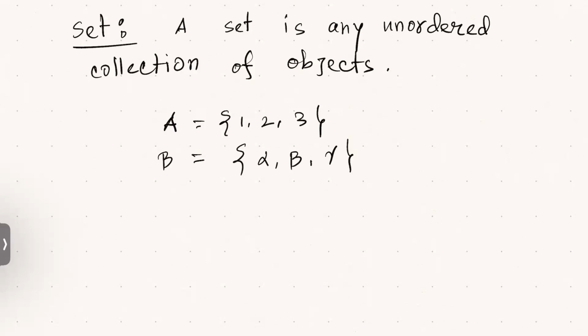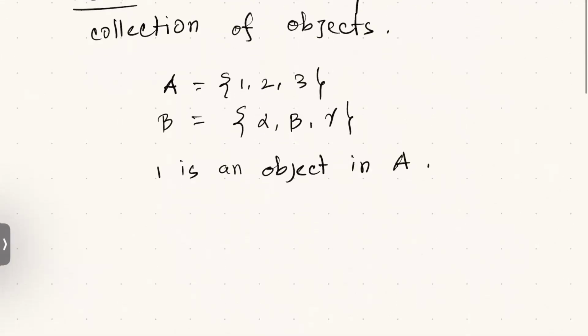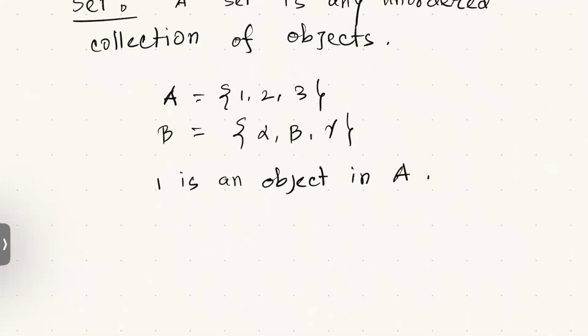Now, what are the objects in a set? The objects are like 1 is an object in A.